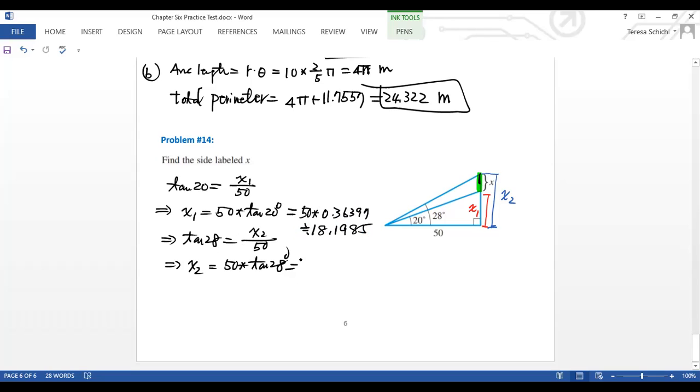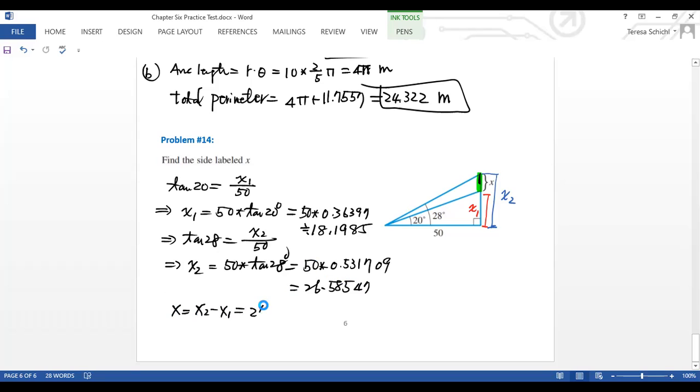The same thing for tangent 28 degrees. This is 50 times 0.531709, which will give you 26.58547. So what is my x here? X will just be x2 minus x1, right?